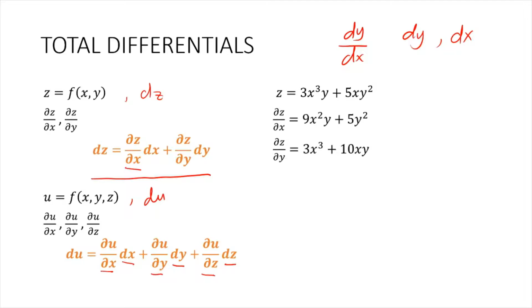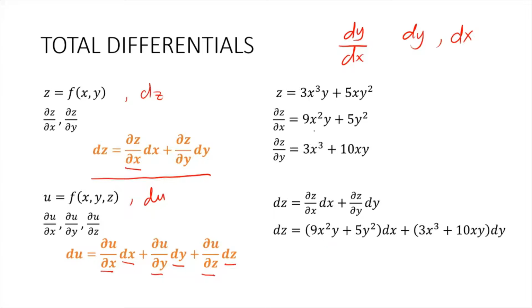All right, and then plug in these equivalent expressions to the formula of the total differential of z. Okay, again, the total differential of z is this one from the formula, and then plug in the equivalent expressions for the partial derivatives. All right, so partial derivative of z with respect to x, it's this one, right?